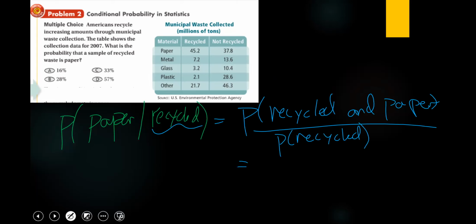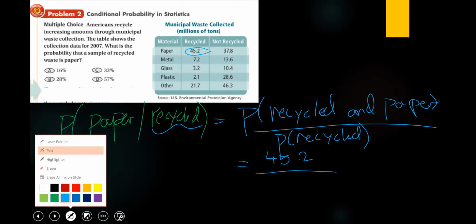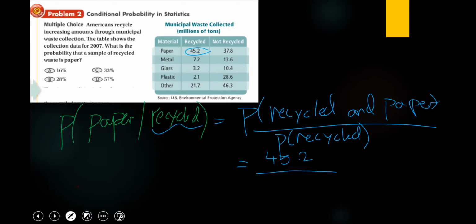Now, recycled and paper, how many? 45.2. Over the probability that they are recycled. We need to add up all the recycled items. Exactly, you have to add all of these numbers: 45.2 plus 7.2 plus 3.2 plus 2.1 plus 21.7.